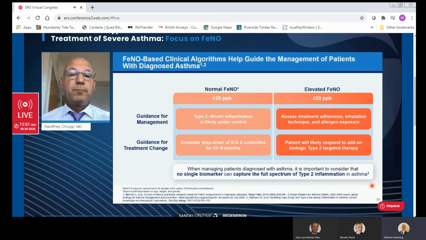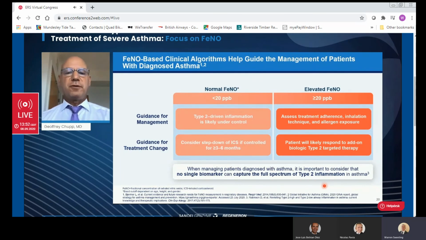Right, so I think it's important to note that this really highlights one of the reasons why it's important to have more than one biomarker, because in any given patient, you may see a signal with one of the biomarkers and not with one of the others. And all of these tests are not 100% sensitive or specific. So when you have both, for example, eosinophils and exhaled nitric oxide levels elevated, you can predict a very strong association with the outcomes that Dr. Korn showed.